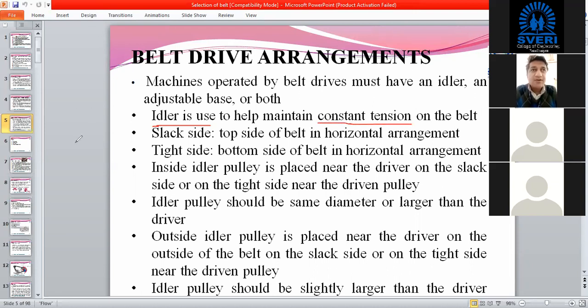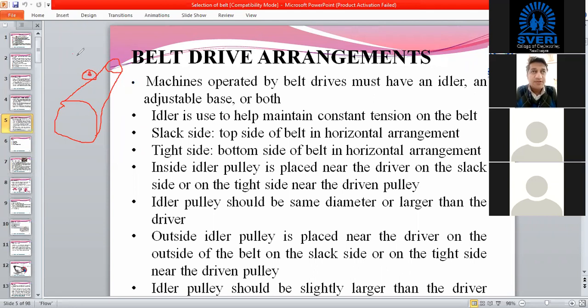Now here I'll draw the diagram, if you are able to see it. Suppose this is one pulley and this is the second pulley, and one idler pulley is used in between. You might have seen some pulleys which are not taking part in the functioning of the machinery, but they are connected with this belt drive.